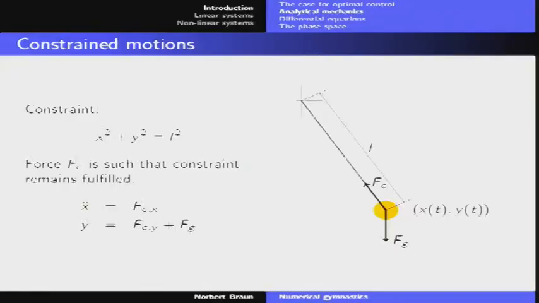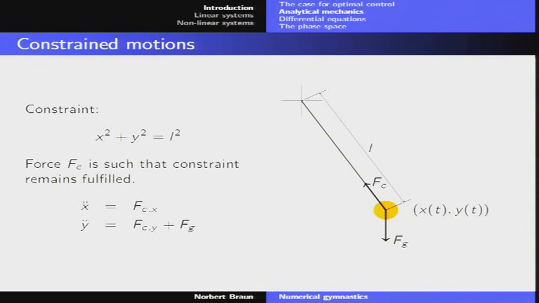Now, there's one important kind of motion that we have to consider, and that's constraint motions. And the canonical example is a single-link pendulum, like shown here. And the constraint then is that the string that ties the point mass to the fixed point above remains taut. And then from Pythagoras you get that x squared plus y squared must equal L squared at all times.